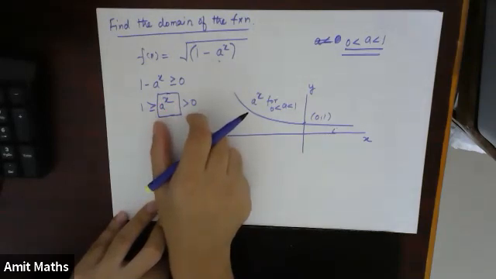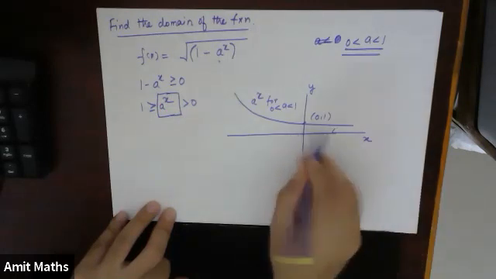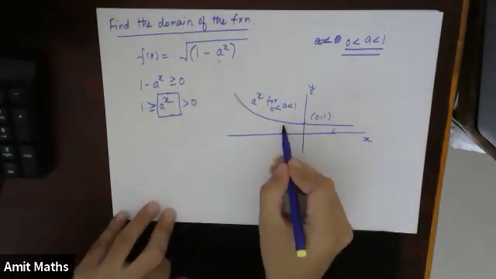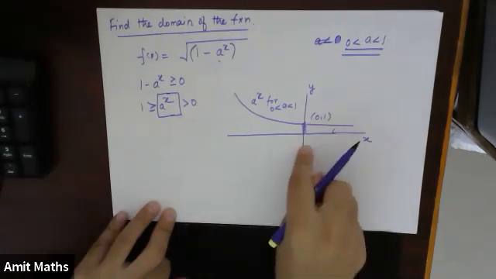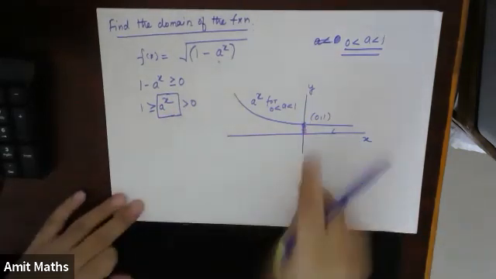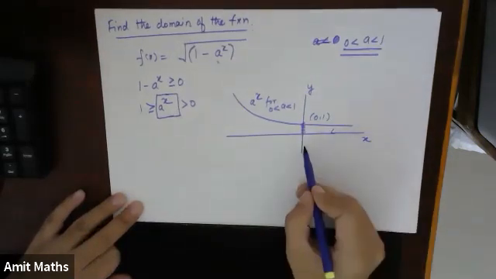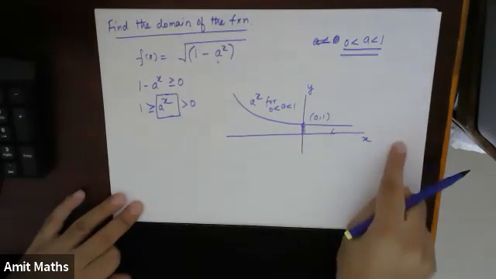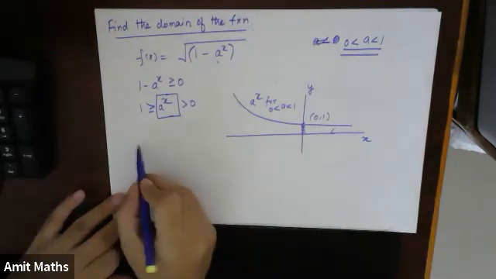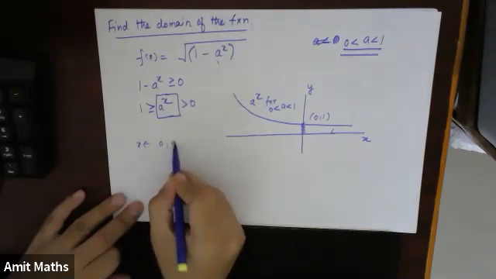That means a to the power x should be less than 1 and greater than 0. This happens when x is greater than 0 and moves till infinity. So x belongs to 0 till infinity.